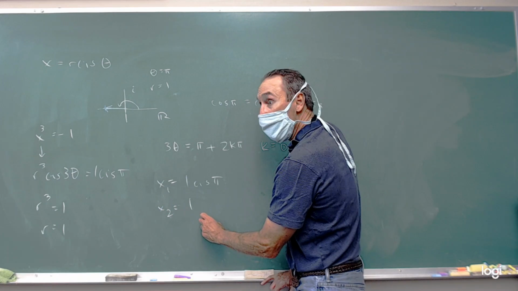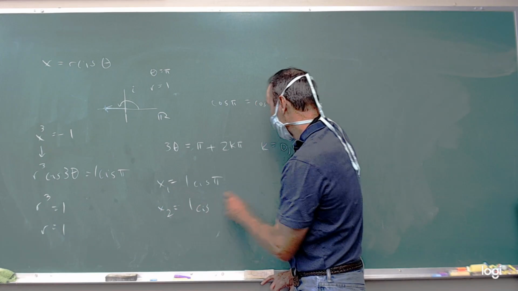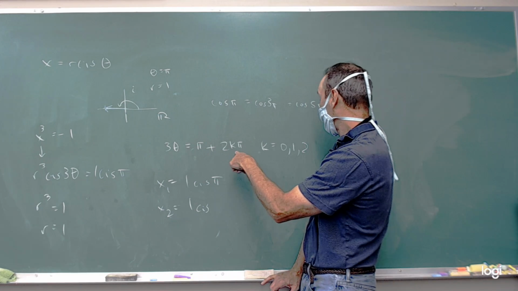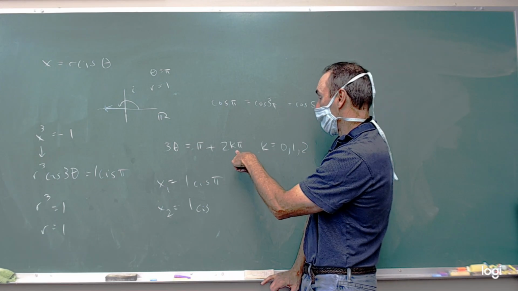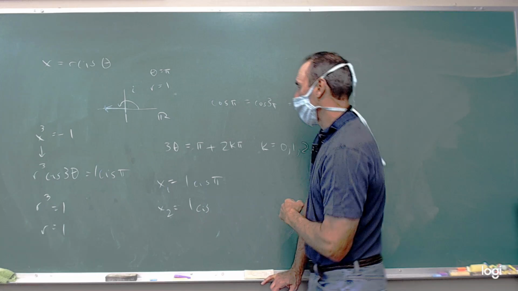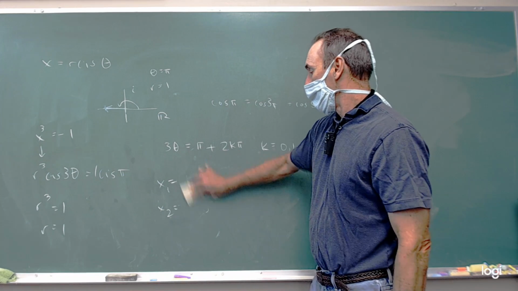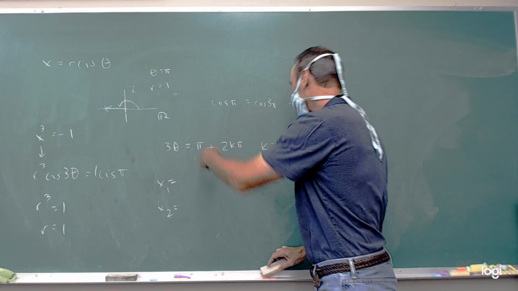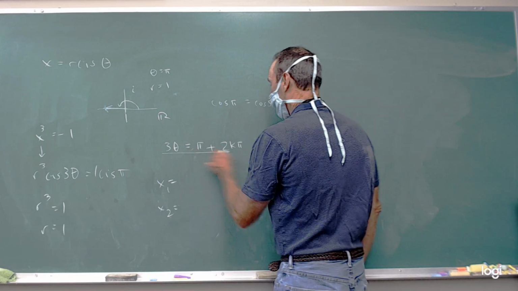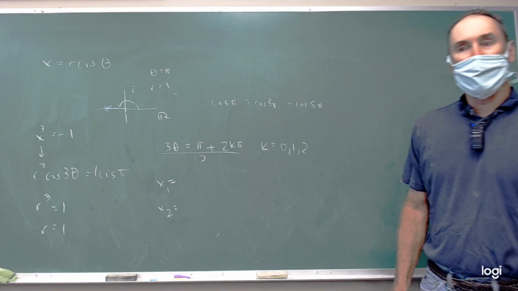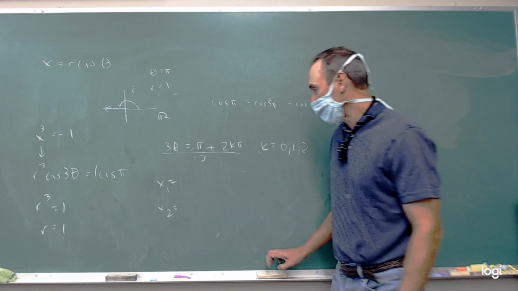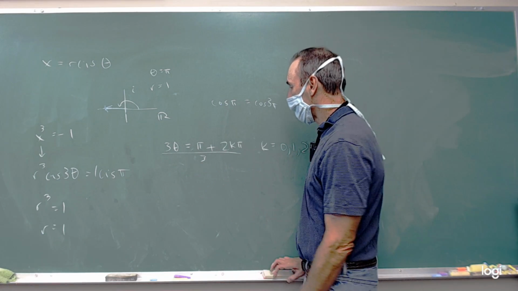Second one, still the same r, cis. Now I'm going to go pi plus 2 pi. Oh, wait. Sorry, I goofed it up. Rewind the video. I didn't solve for theta yet. Okay, do-over.